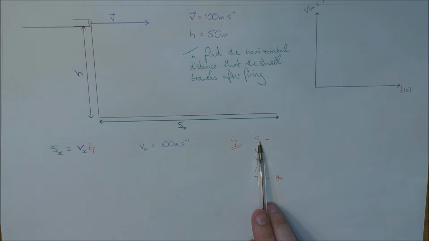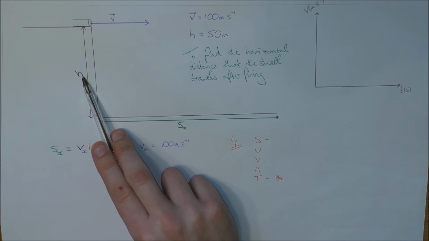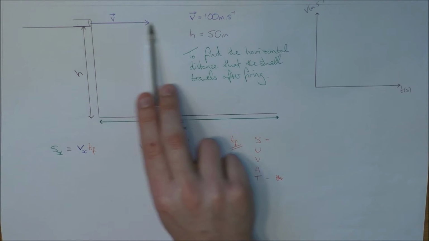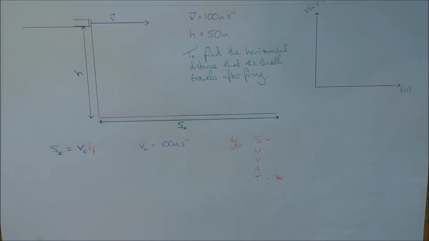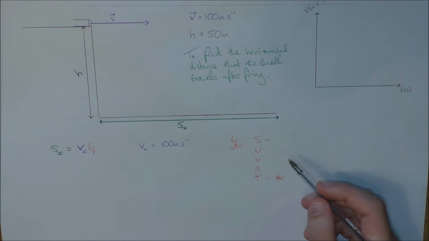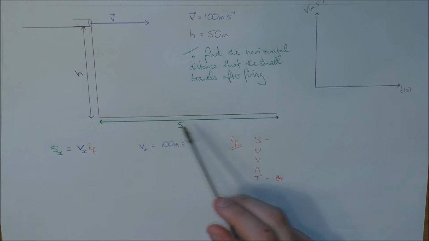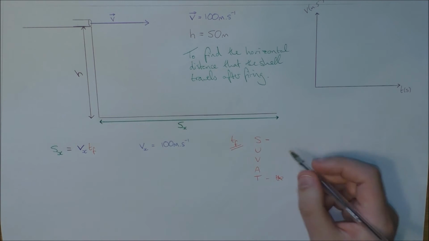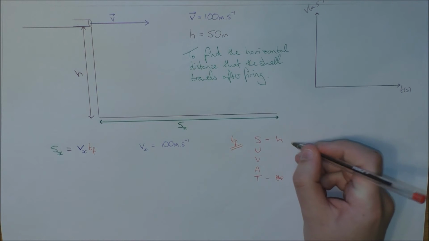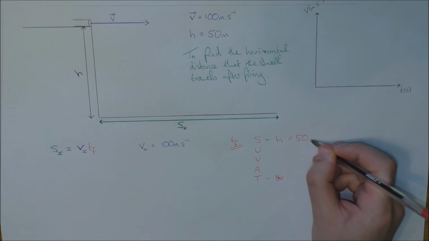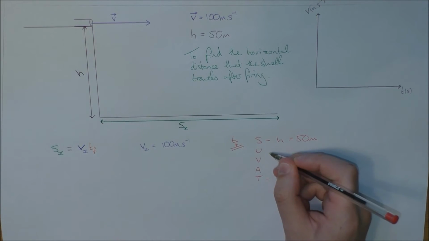So S here is just H. It's the same as either firing it from the cannon or dropping it from the top of the cliff. So I can use some convenient points in my projectile motion equations to solve this by looking at the drop time. So S is going to be H, which equals 50 meters.